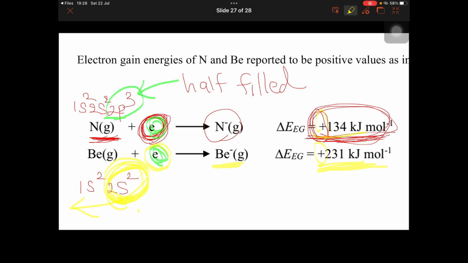Beryllium is also like a classroom accommodated with the maximum number of students. When another student comes in, there will be resistance. To overcome that, we have to provide energy. Likewise, when an incoming electron is added, more energy should be provided.